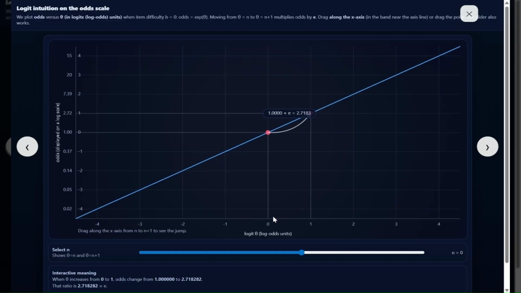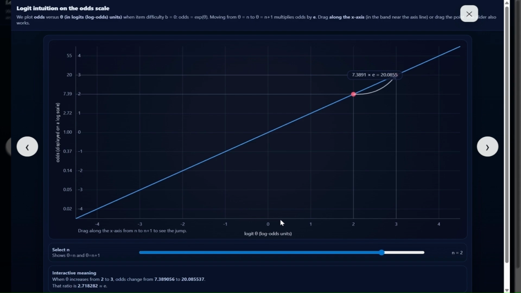So you see, that's how much each logit causes a jump. Going one logit gives 2.7. From 2 to 3, it will be about 20 from the beginning, but it will increase from 7.3 by a multiple of e. Every increment is a multiple of e. Every one logit increase multiplies the odds of success before it by about e.